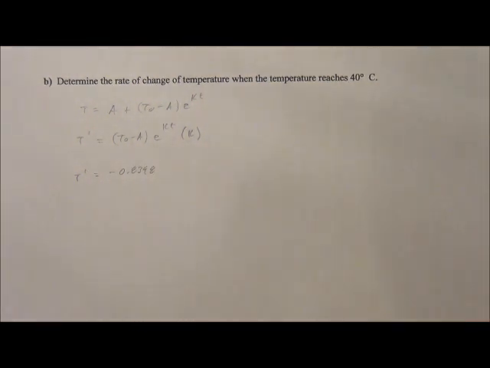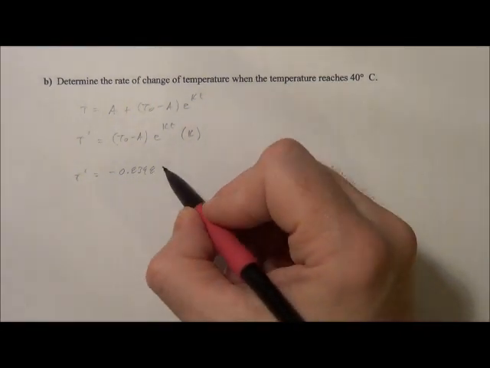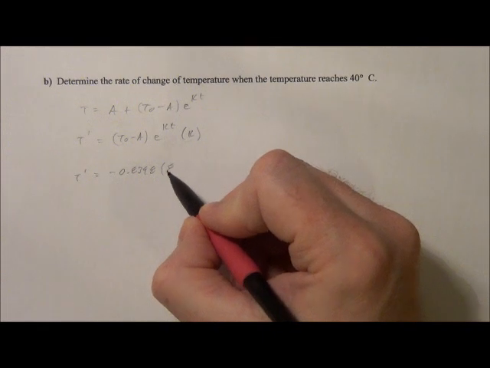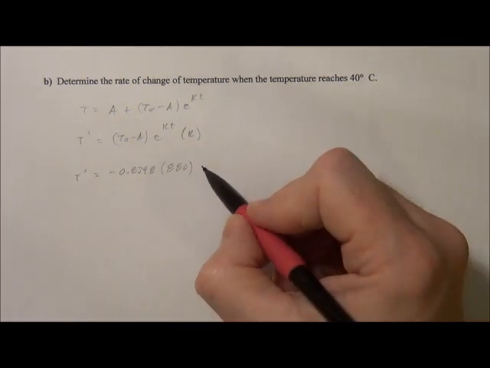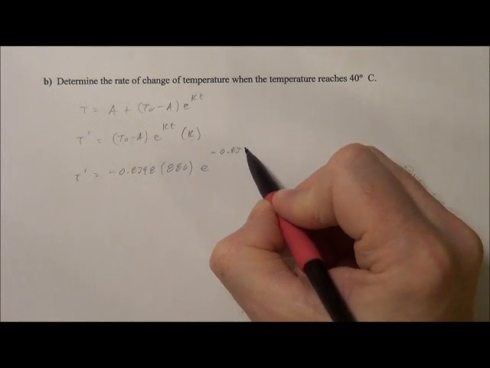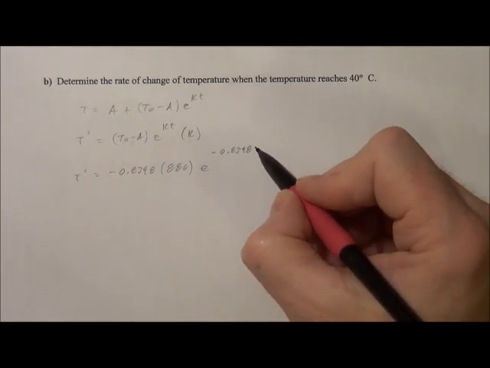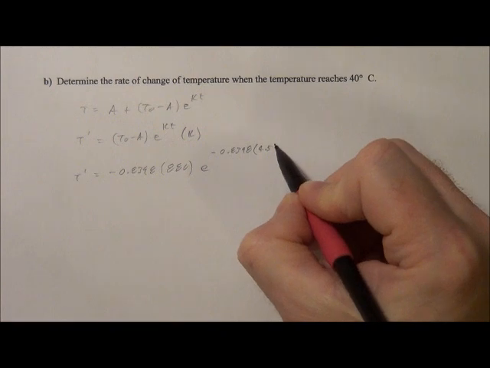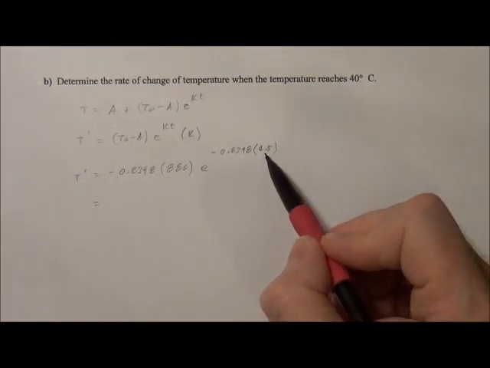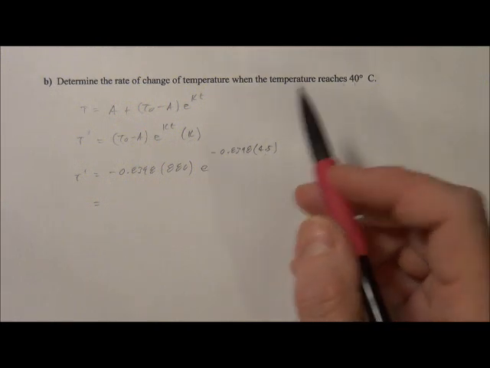0.8398 times 900 minus 20, so we'll do 880 times e to the negative 0.8398, and then instead of times t, we're going to multiply by 4.5, because that's the time when the rod steel is at 40 degrees Celsius.